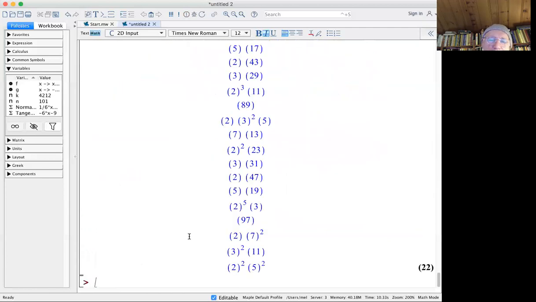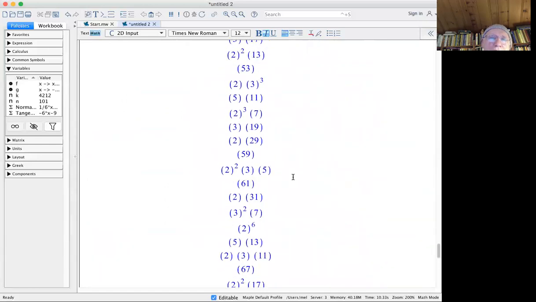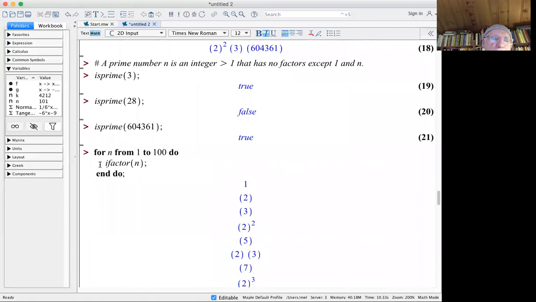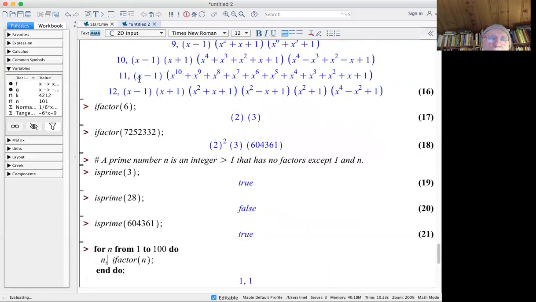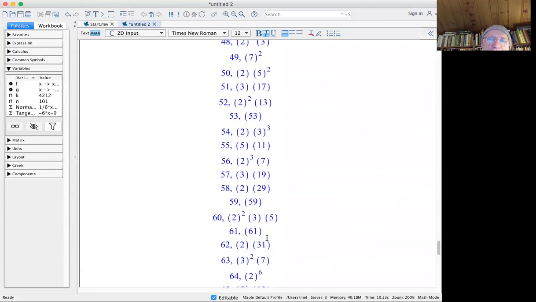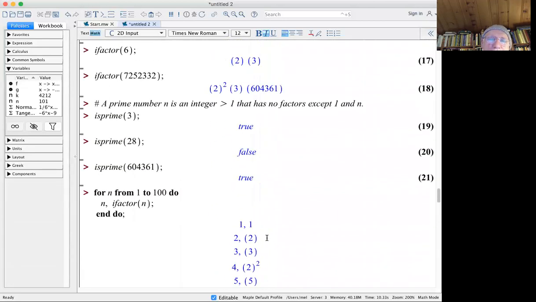There we are. Let me prefix this with an n so I know what n I'm factoring. So like 87 is 3 times 29. 88 is 2 times 2 times 2 times 11. These are all the factorizations of the first 100 numbers.